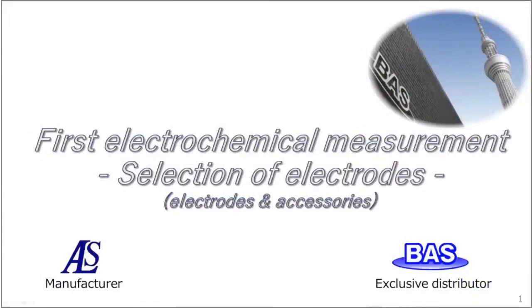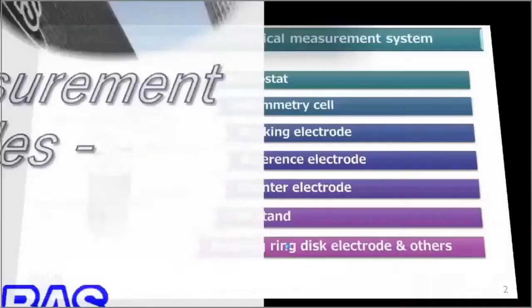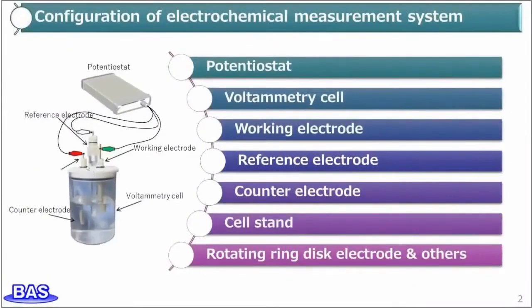For those who are starting electrochemical measurement, here are some points to consider when selecting consumables such as electrodes and cells. First of all, I would like to briefly introduce the electrochemical system. The electrochemical measurement system consists of a potentiostat to control the potential and a cell to hold the sample.